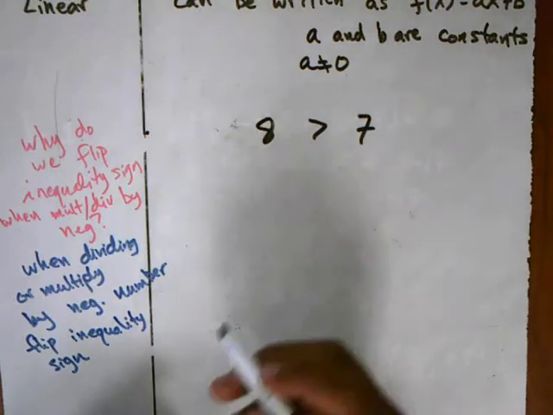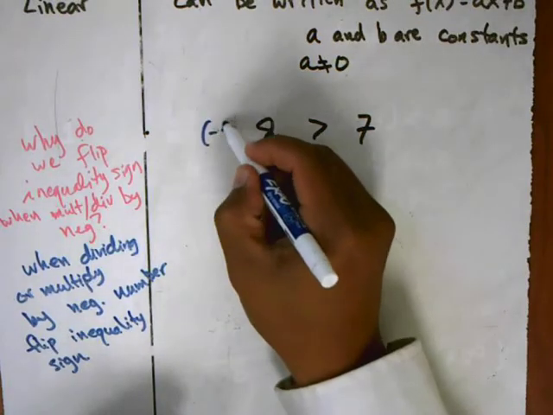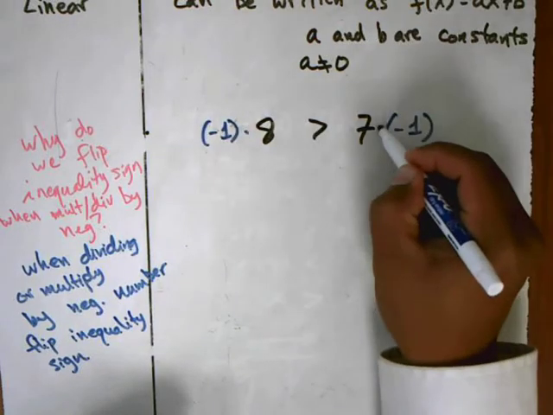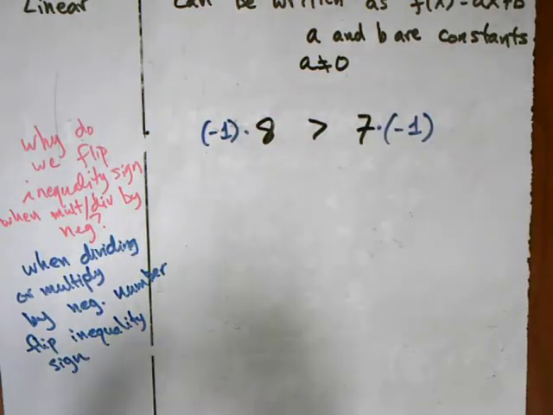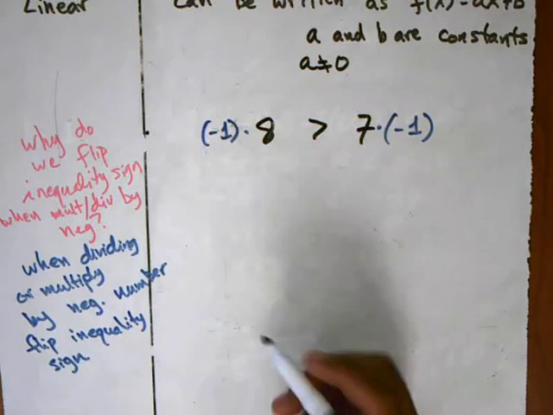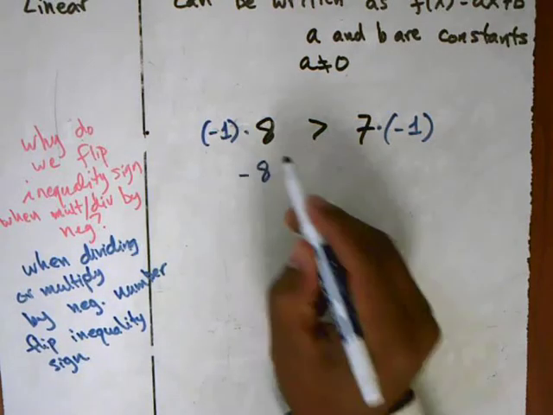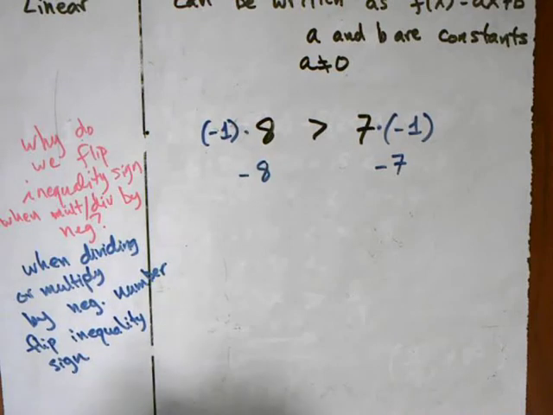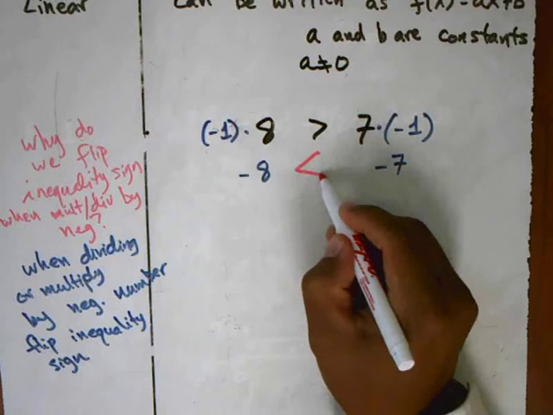If we were to multiply both of these by negative 1, as an example, on the left side you would get negative 8, and on the right side you would get negative 7. You can see now that if I were to write this greater than symbol here, it's no longer true. So I have to flip the sign and make this a less than symbol.